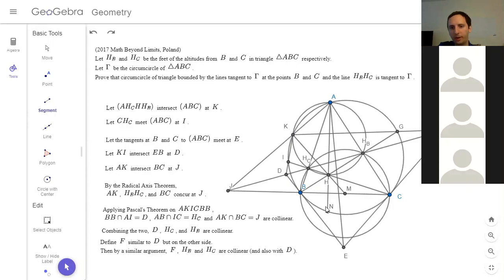Okay, so you're saying we know KBNC is harmonic. So how do we know KBNC is harmonic? Oh, is that well known that KBNC is harmonic?